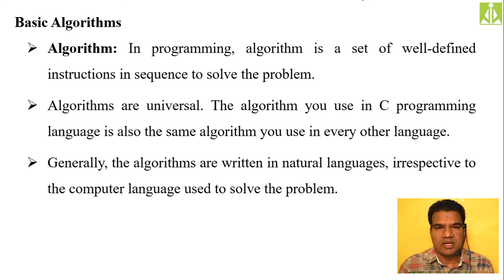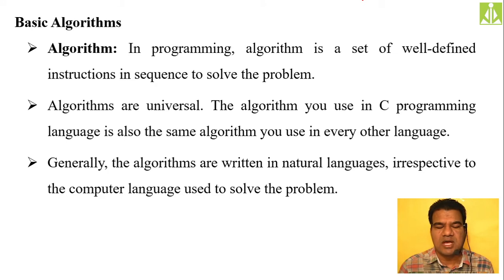In programming, generally we use this term algorithm. In real life scenarios, we'll have a different name, different terminology. The procedure is the same, but we use some different terminology to indicate an algorithm. When we are constructing a building, we don't say just go and get an algorithm, isn't it? In real-time scenarios, the concept will be different.